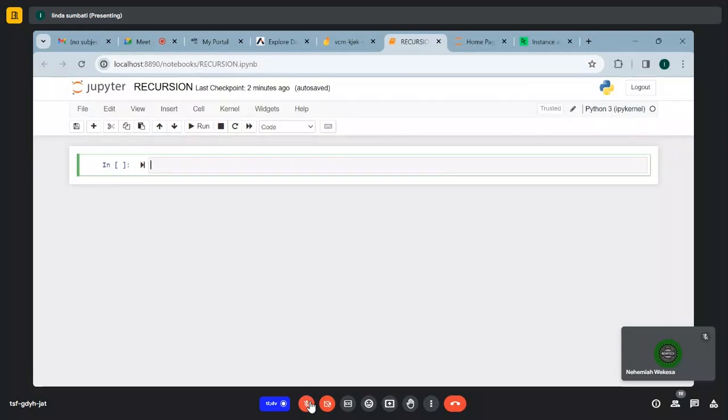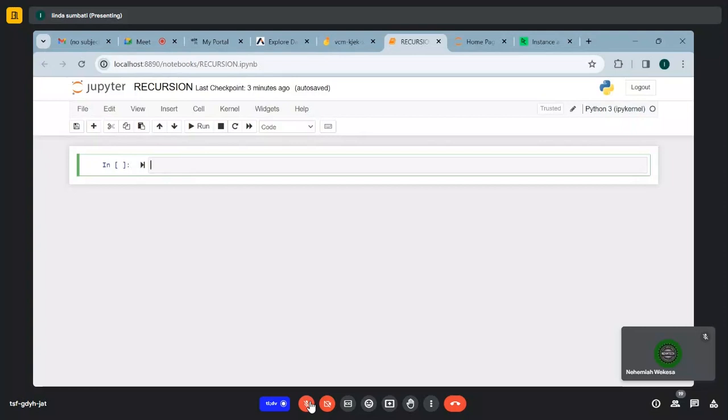So if you want to implement a recursive algorithm, you must keep in mind that you are focusing on two cases that need to be in the algorithm. The first one is the base case, and the second one is the recursive case.